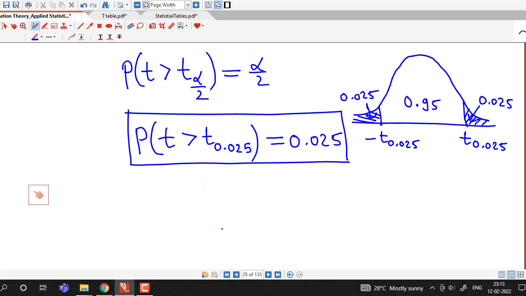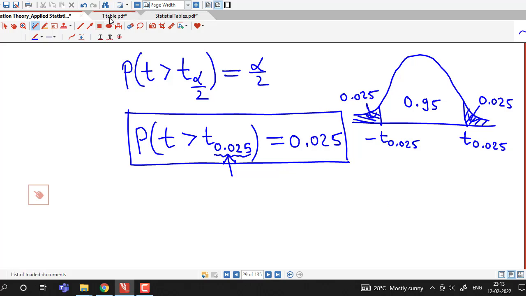Now we find out from the table this value of T suffix 0.025, and we consider this as level of significance in the distribution table.